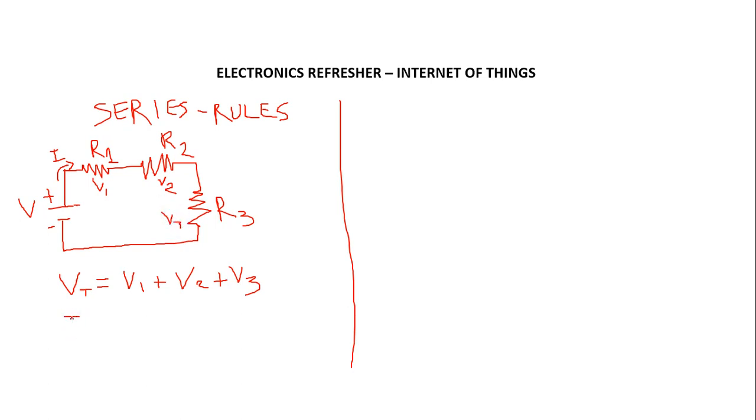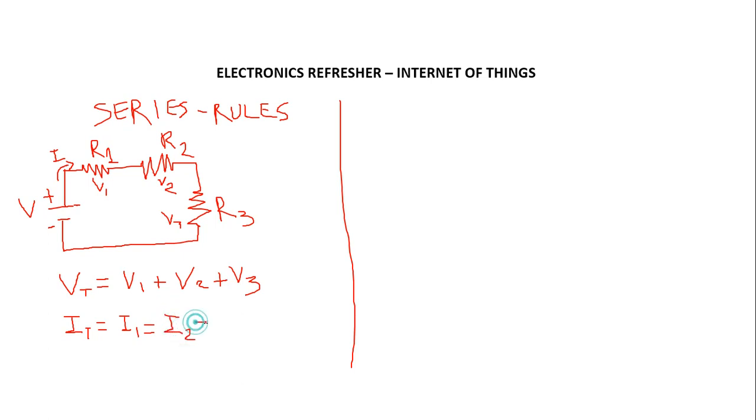And the total current, well, the current in a series circuit is going to be the same. Here we have our current 1.